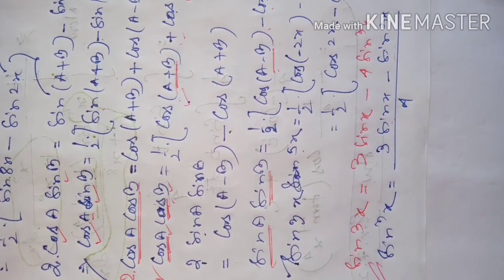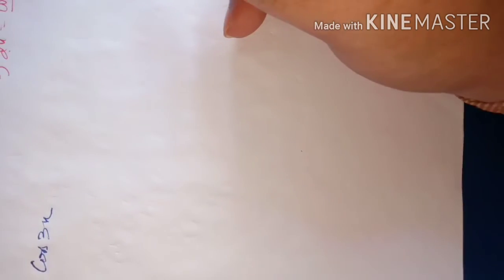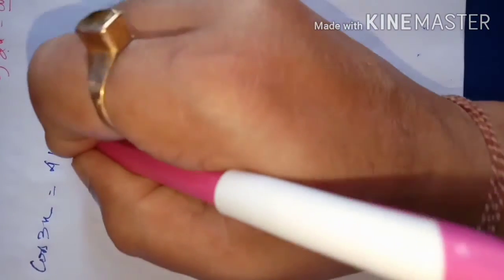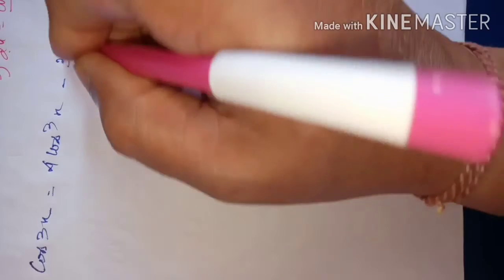And cos cube x also, just recall, cos cube x was what? Suppose it is given like this, cos 3x, we know that cos 3x is equal to 4 cos cube x minus 3 cos x.